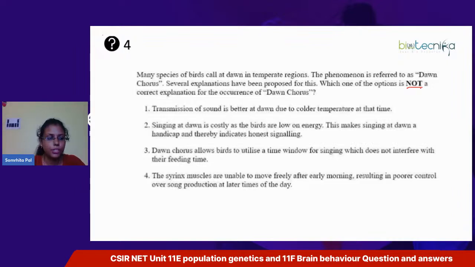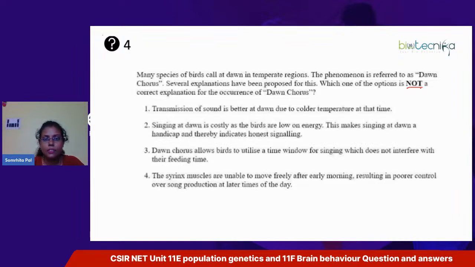So the first option is transmission of sound is better at dawn due to colder temperature at that time. Singing at dawn is costly as the birds are low on energy. This makes singing at dawn a handicap and thereby indicates honest signaling.